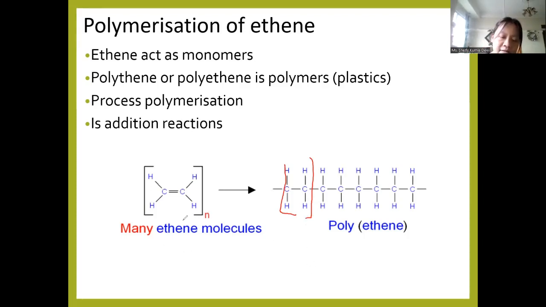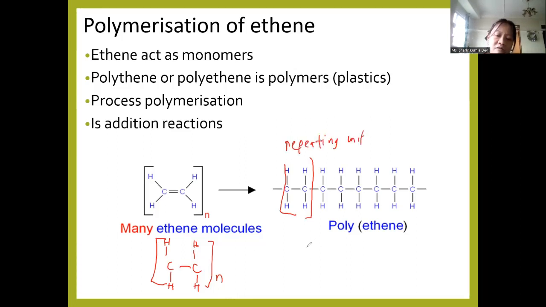So if I simplify the structure, I will use this one, and I will write it n. This is actually the reaction, the reactant. This is the product. So if I simplify this product, I can write it here. Yeah, this is called the repeating unit.